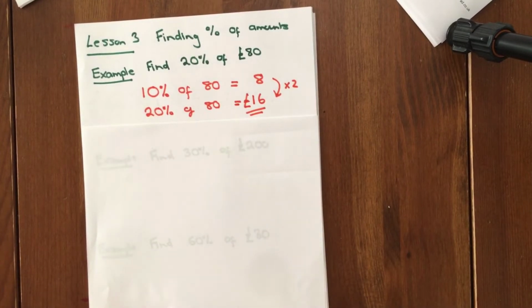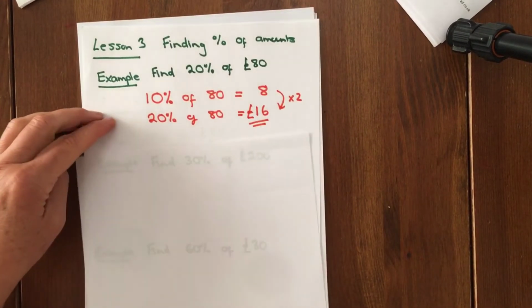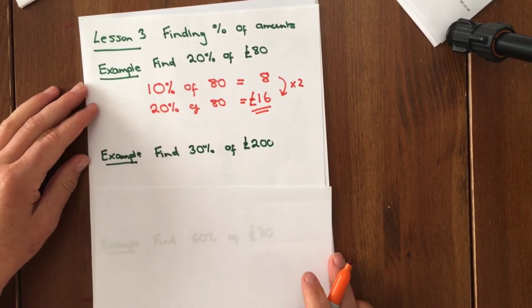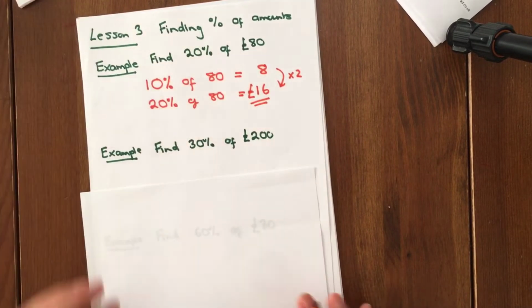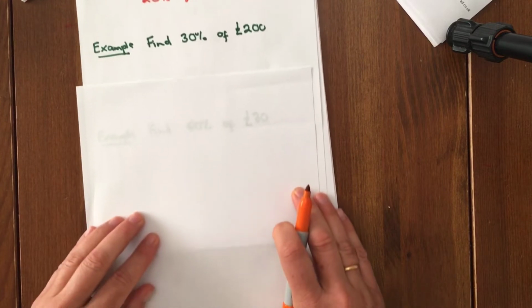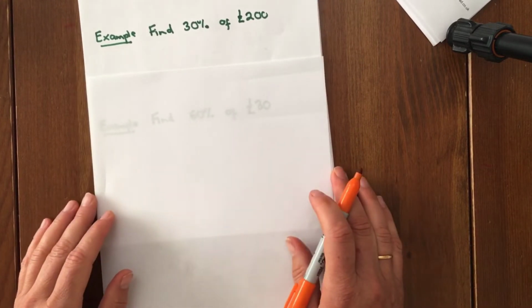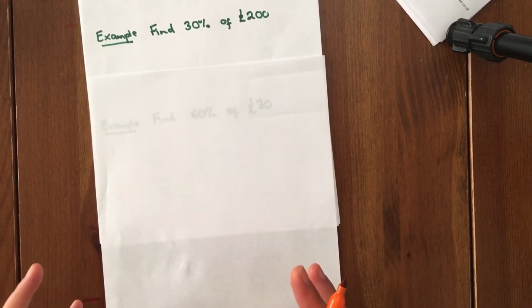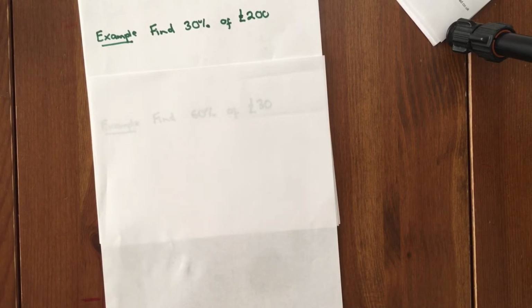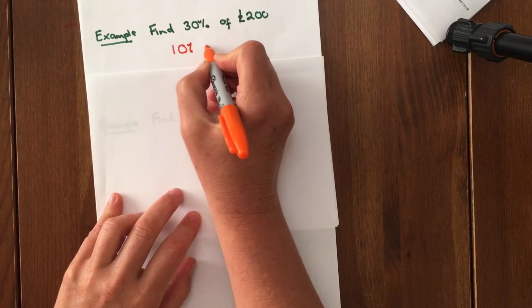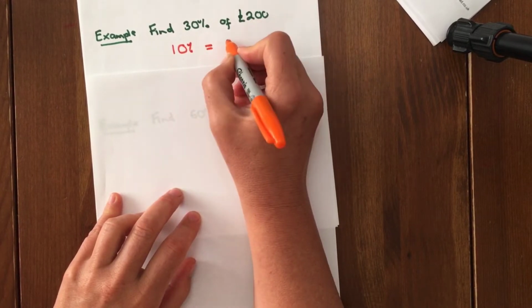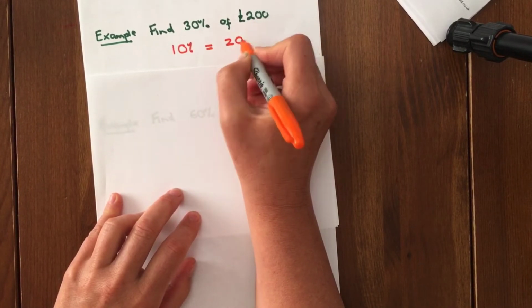Okay, so let's think about how we would find 30% of a number. Please write these examples in your books as you're going along. So to find 30% of a number, again, I find 10% and I want 10% 3 times. Okay, so 10% of 200 will be 20. Divide by 10.